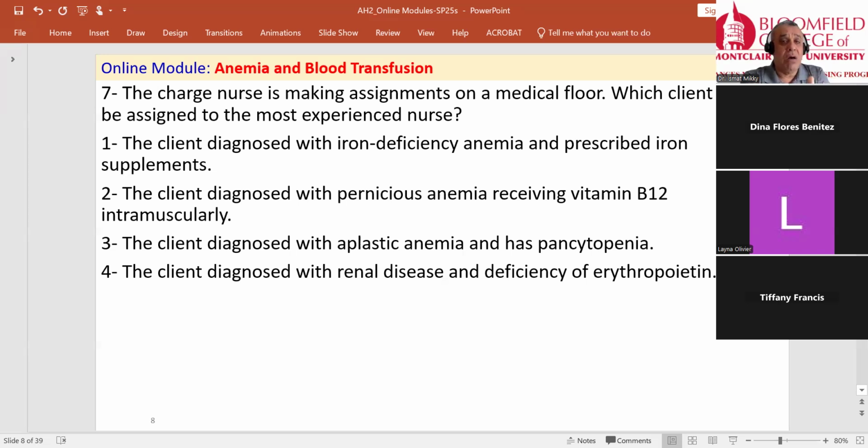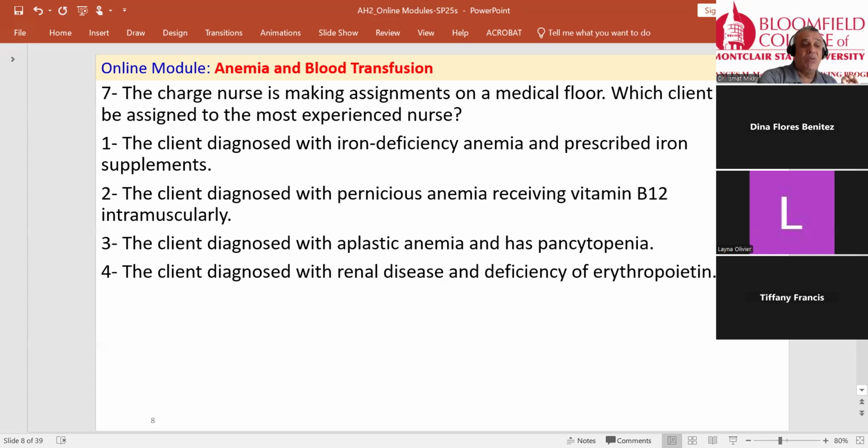Number two is the same: pernicious anemia, B12 deficiency, on IM vitamin B12 injections. Same thing as four. These tasks can be performed by any nurse on the floor, nothing to do with specialty or experience.